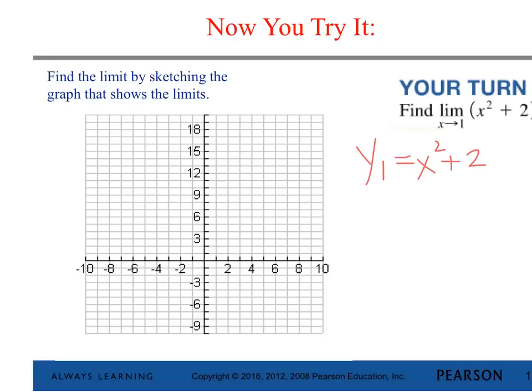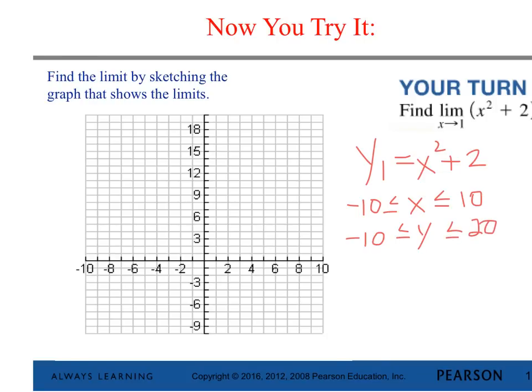In this case, I'm giving you a suggestion for how to set up your window. Your x values need to go from -10 to +10, and your y values need to go from -10 to +20.